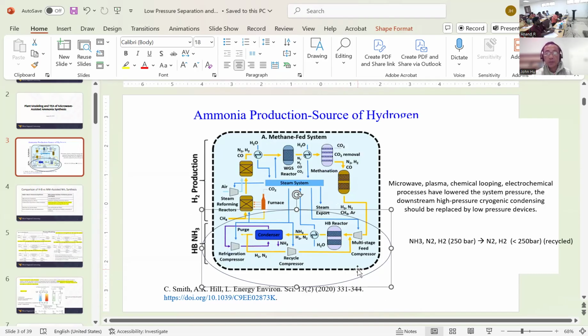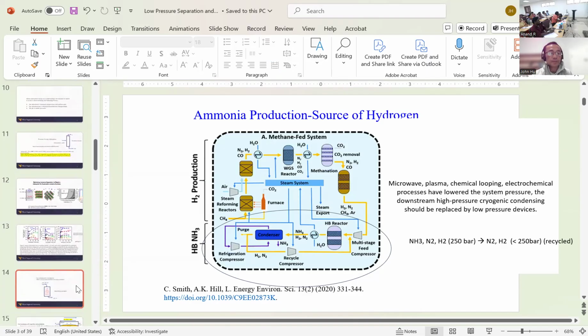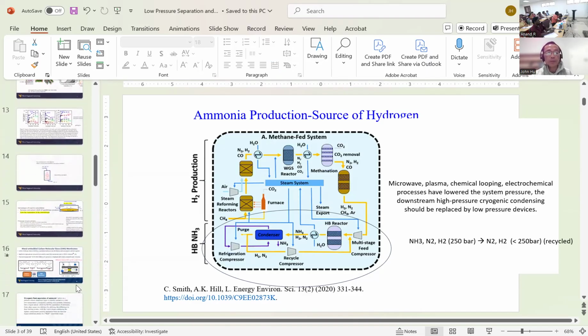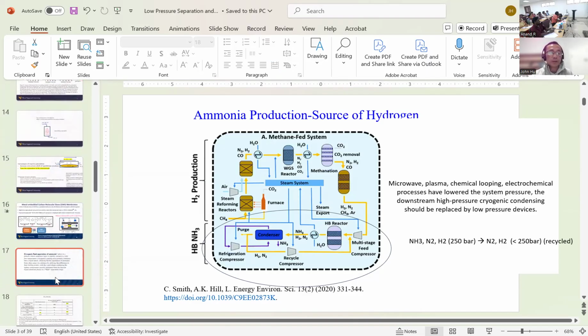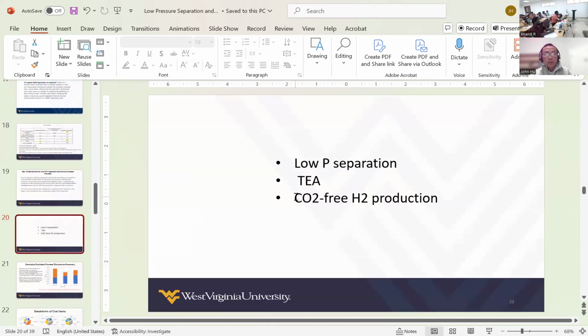That's what we left from yesterday. I hope you still remember what we discussed. So now let's continue. We also talked about the membrane reactor as a different way. Again, the low pressure TEA continues.